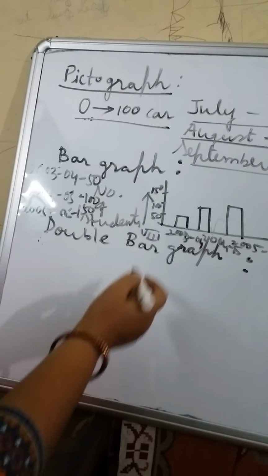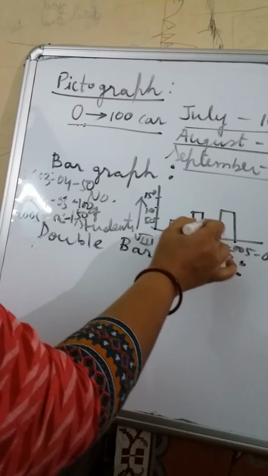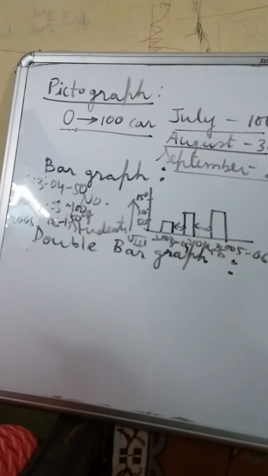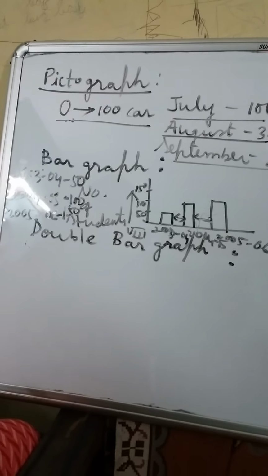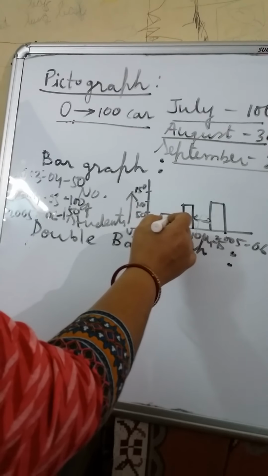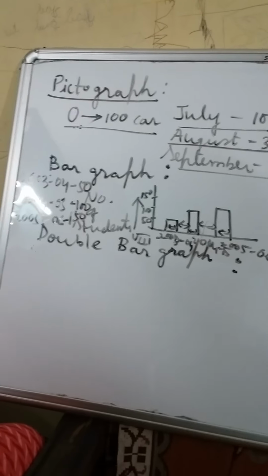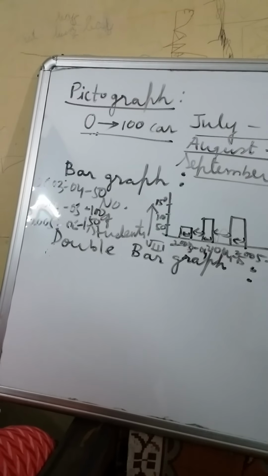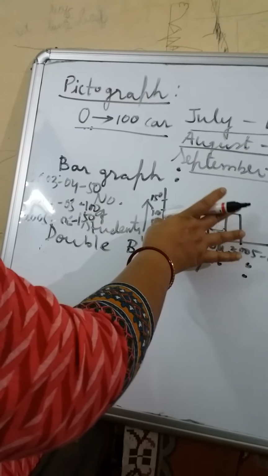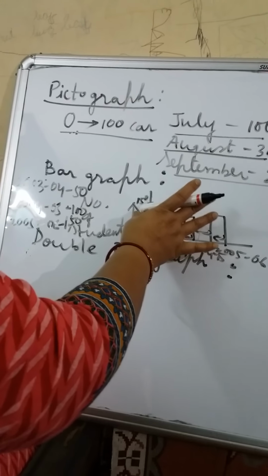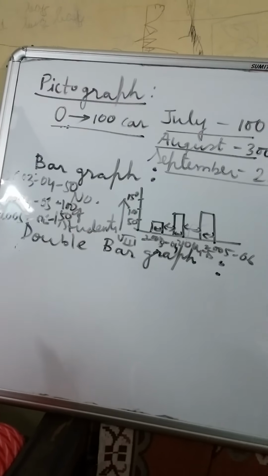This is 150 students. This gap should remain the same, and this width also should be the same for all the bars. This is the bar graph of this information.